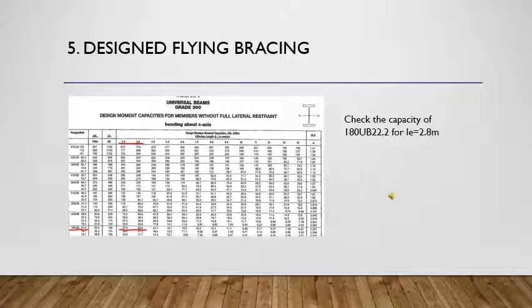Taking 180 UB 22.2 for LE equals 2.8 m, the capacity is 30.78. This is more than the 25.16 kN.m. So this time, it is okay for the flange bracing design.